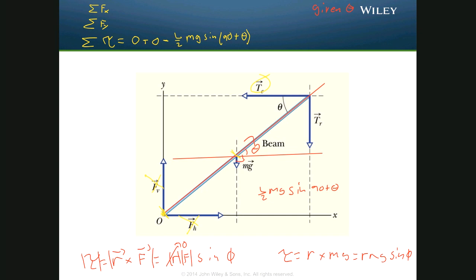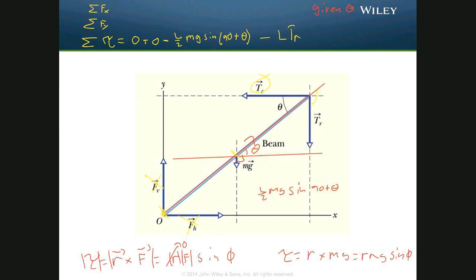So let's do minus L. That's going to be L, and we're going to look at TR first, times TR, which we know is big MG, but that's okay.